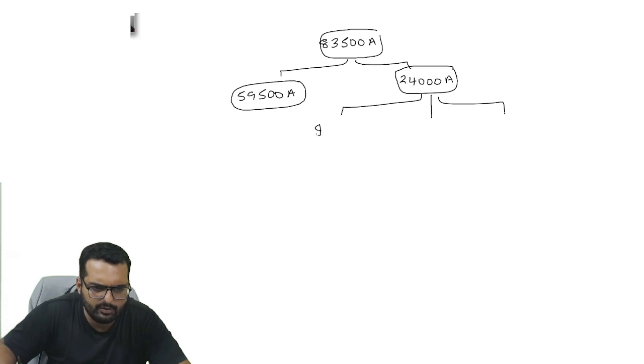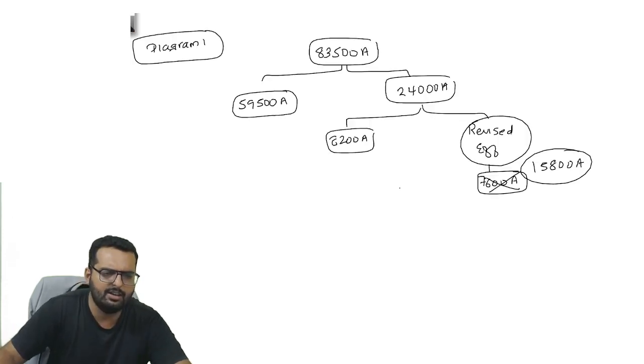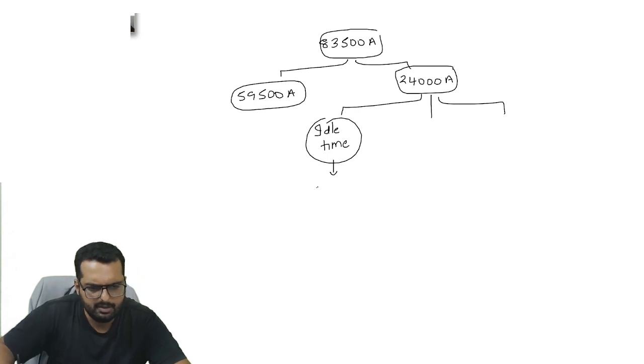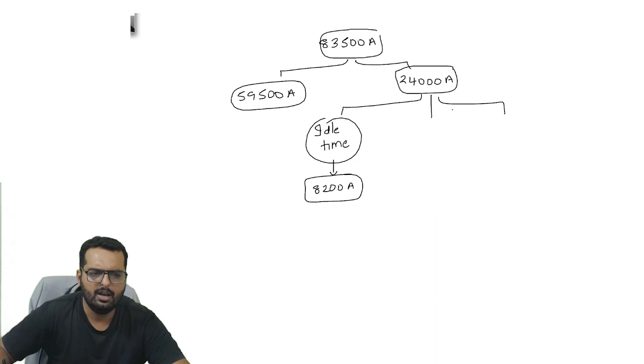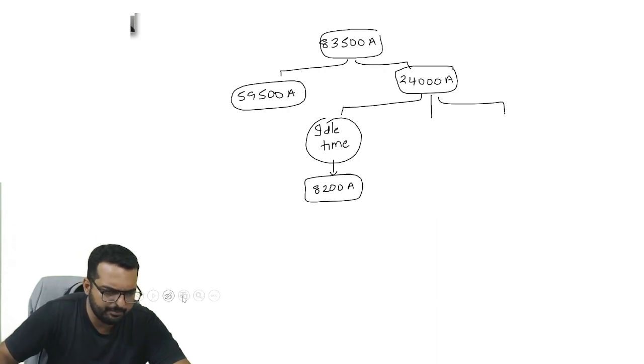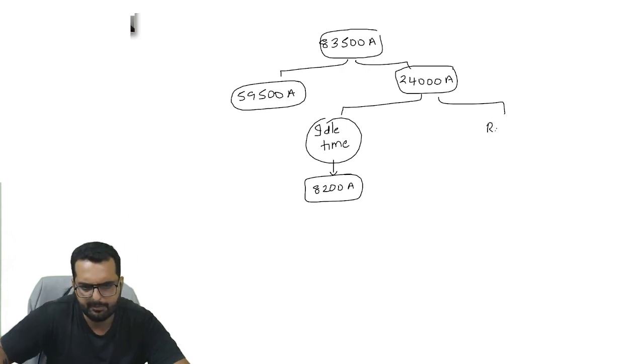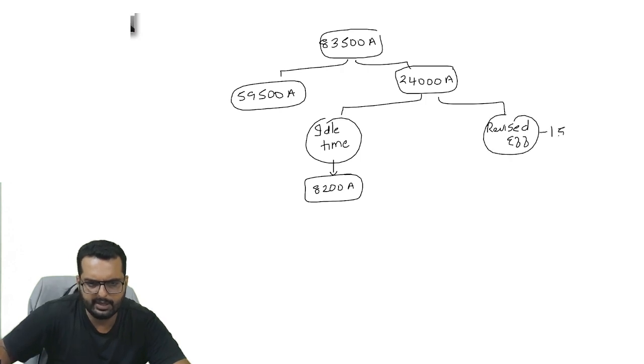If that is the case, what we'll do is we'll show 24,000. Inside this, you are having idle time. How much will be the idle time? 8,200 will be the idle time. All right. After removing the idle time, you will get the revised efficiency. How much is the revised efficiency you get over here? That you are getting 15,800 adverse, correct?